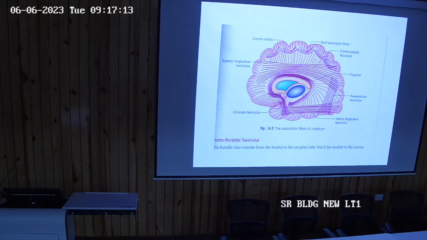The anterior commissure connects the antero-inferior part of one temporal lobe to the other temporal lobe. Listen carefully. It also connects the olfactory region of one cerebral hemisphere to the other cerebral hemisphere.